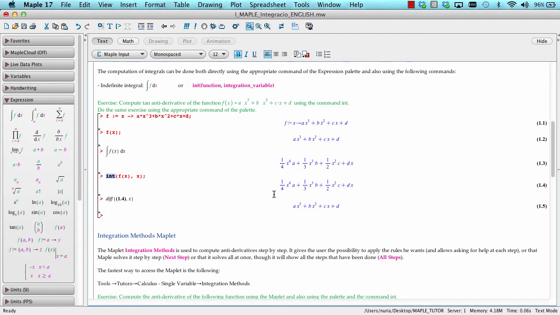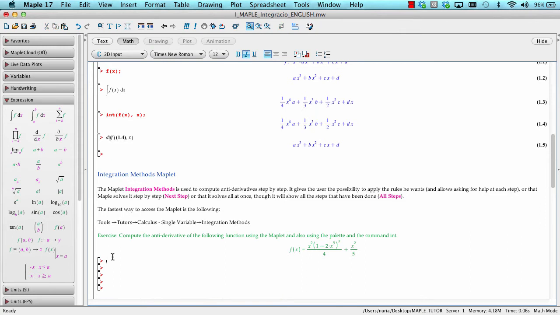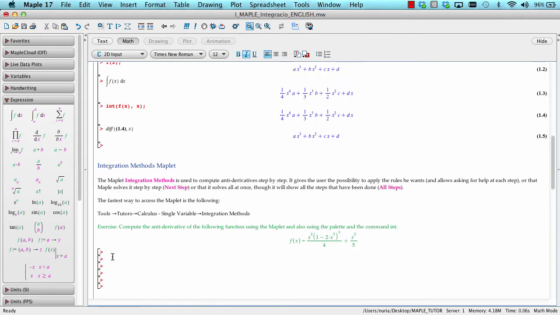But now let's see another thing which helps us compute the antiderivatives step by step. This is really helpful when you are studying. So let's first define the function f5. We press F, tab x, and now we introduce the function we are given, x squared times 1 minus 2 times x to the power 5 all to the power 3 divided by 4 plus x squared divided by 5.